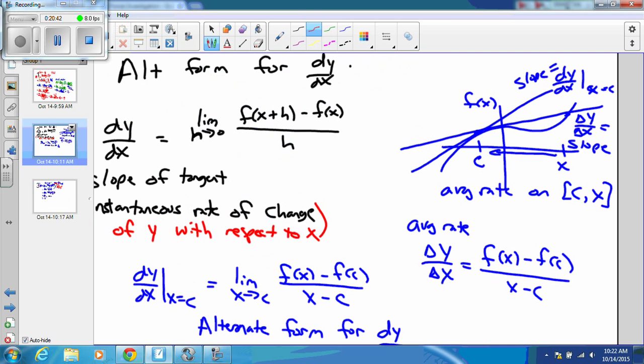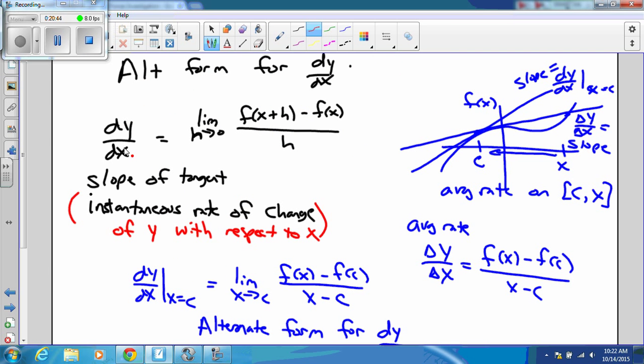Yep, that's exactly it. And just to go back here so that we're clear on this, what's happening is that I have a fixed point c that is not going to change. That's where I'm drawing my tangent line. And I'm now going to let x in my expression here go to c so that the denominator shrinks to 0. The thing that both of our forms have in common to help you distinguish them is we always have the difference quotient, delta y over delta x.